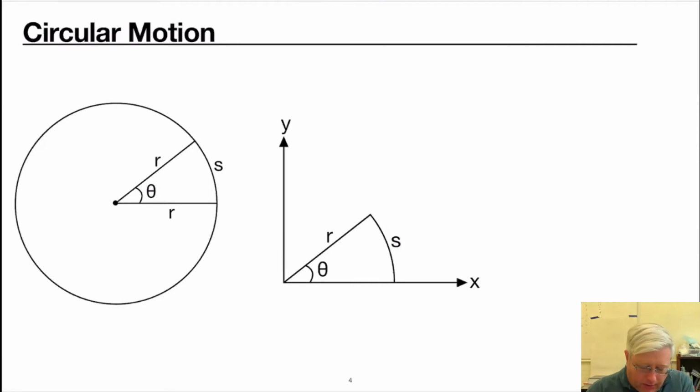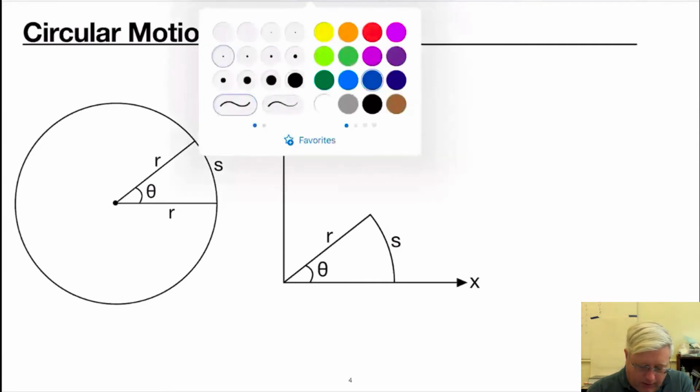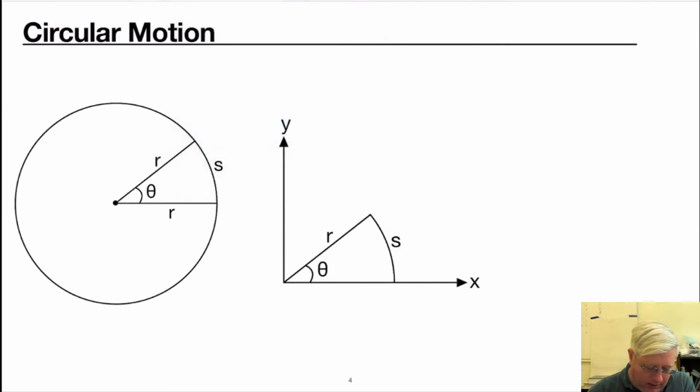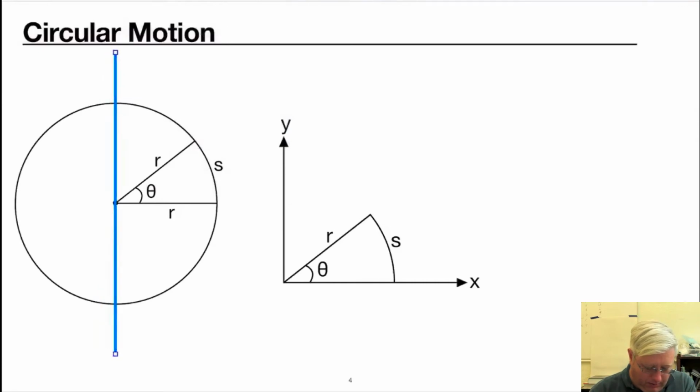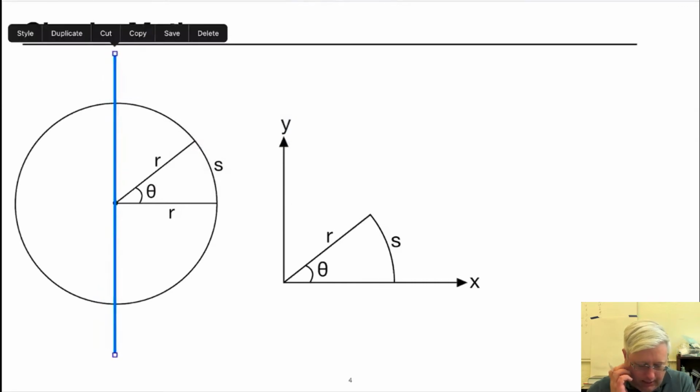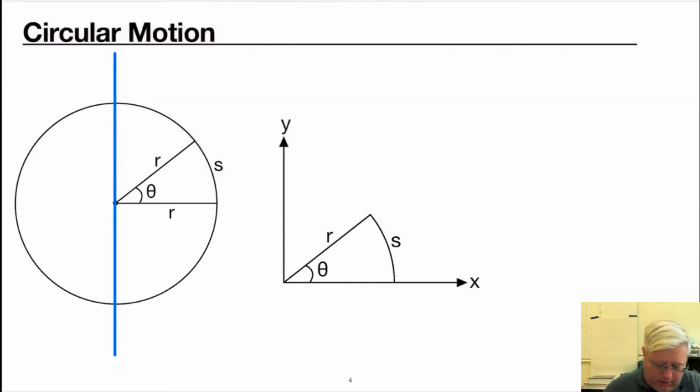So I'm going to start off by placing this circle on a coordinate plane, where the x and y axes go straight through the center of the circle.